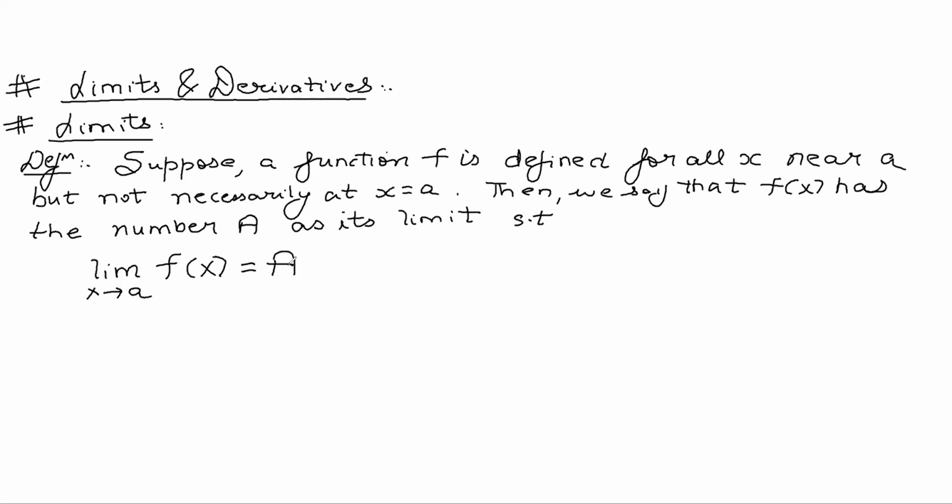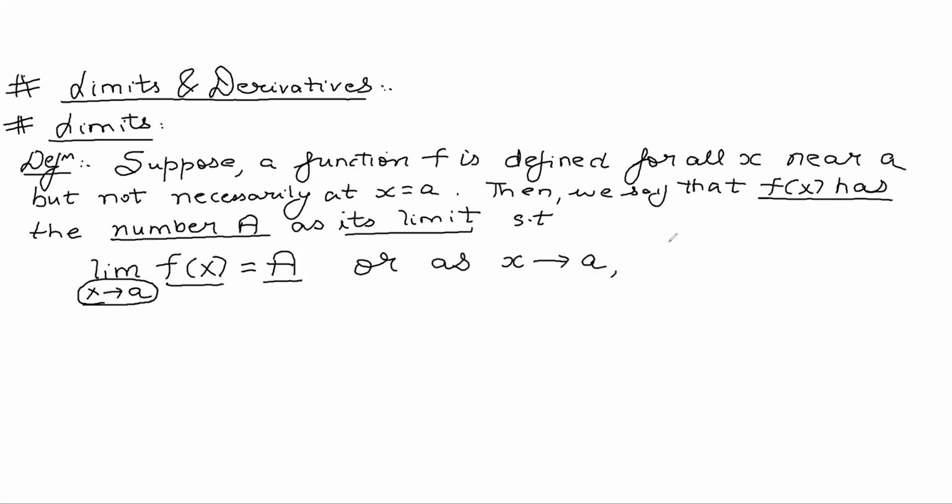We say that the function f of x will have the number capital A as its limit, such that as x tends to a, f of x tends to capital A. We can write it like this also, but usually we will be preferring this notation.